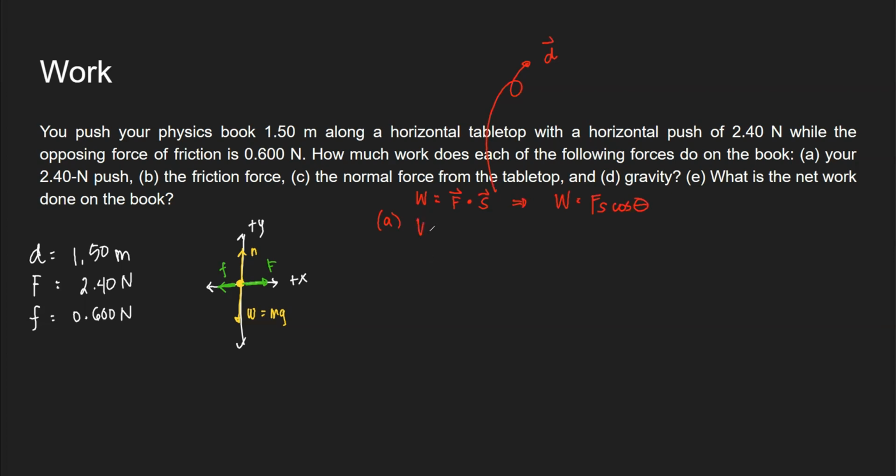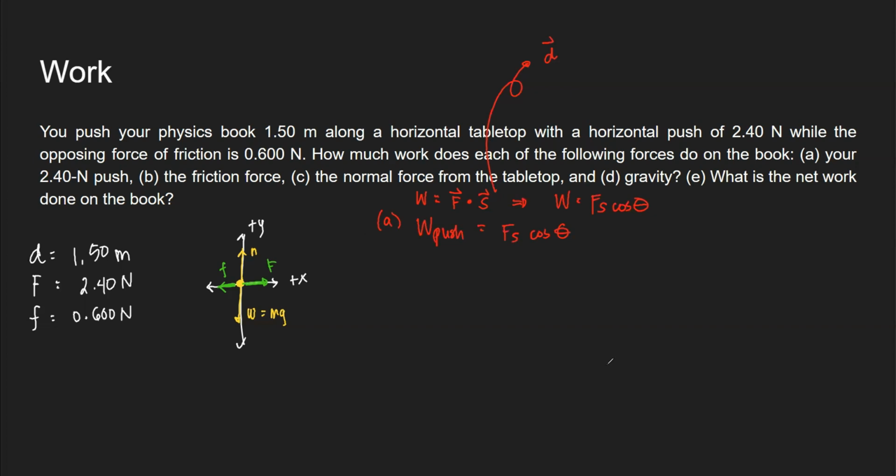Since this is a push, W push, work push, equals Fs cosine theta. And what is our theta in this case? Cosine theta uses the angle between our F and S. Since it is along the same axis, that is just 0.